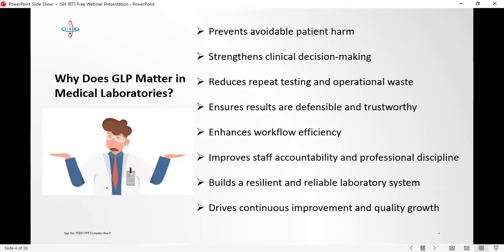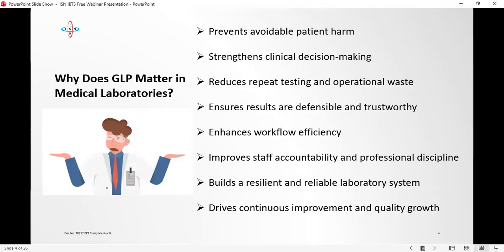When good laboratory practice is put in place, there will be minimal harm to the patient, right? It also helps to strengthen clinical decision making. Whatever results we give out to our clinicians will help them make decisions for the patient, either good or bad.